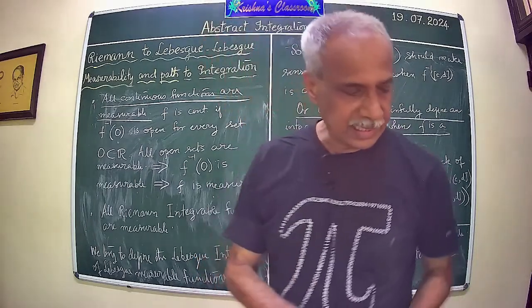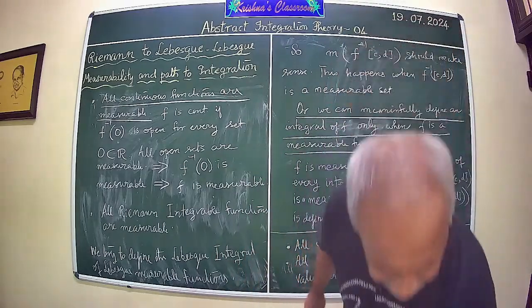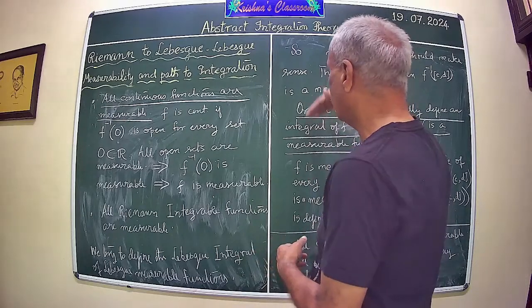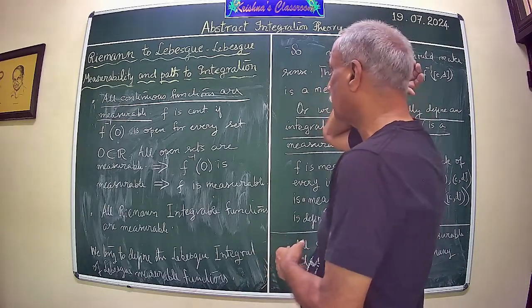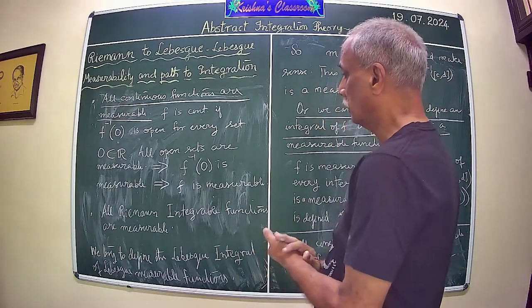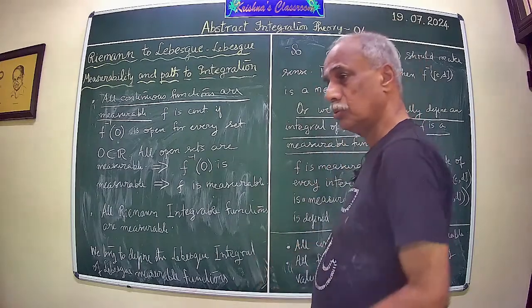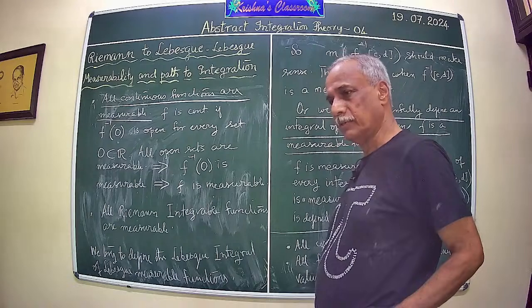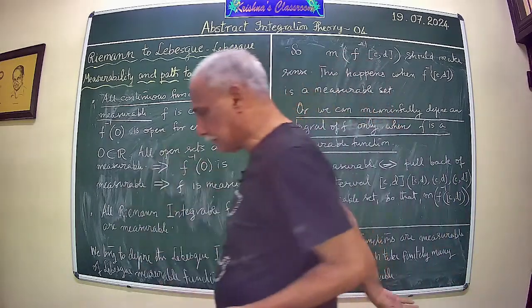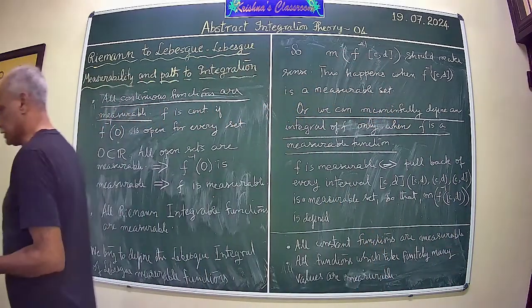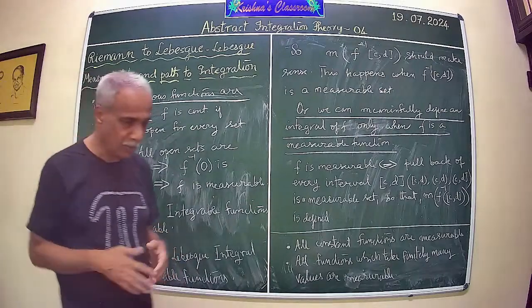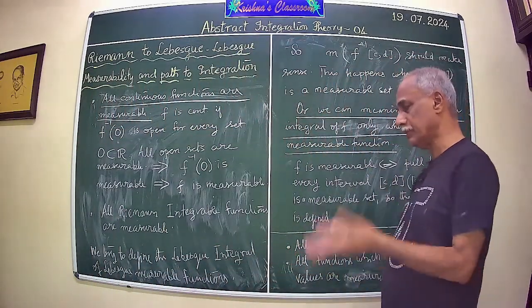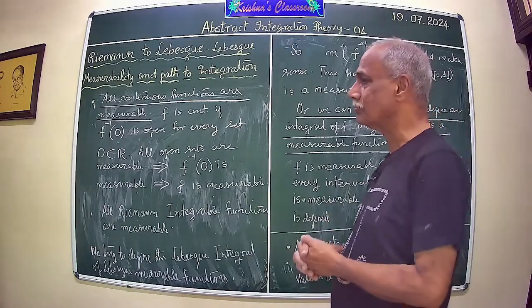I think that's a nice place where we stop for the time being, and then we now explore how to define integration, which is done in several stages. First of all, we take what are called bounded measurable functions defined on sets with finite measure.